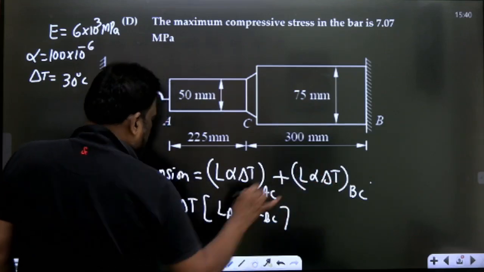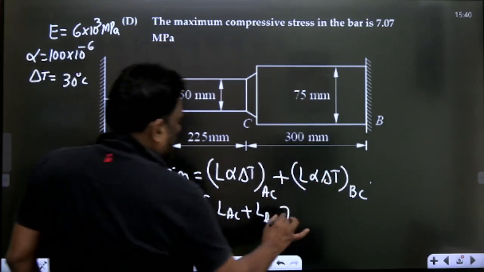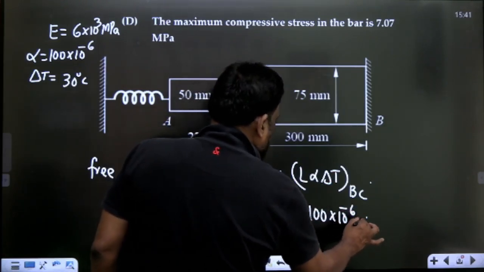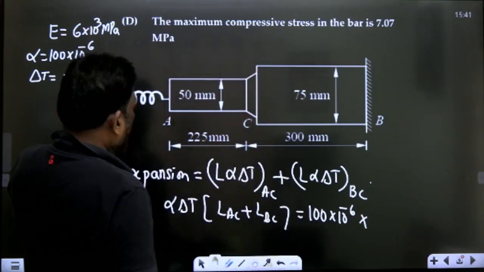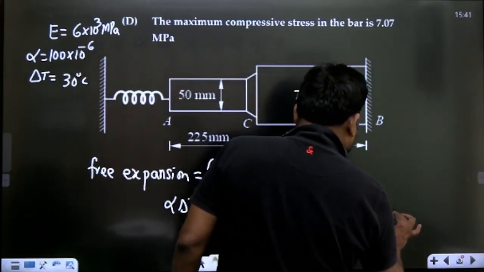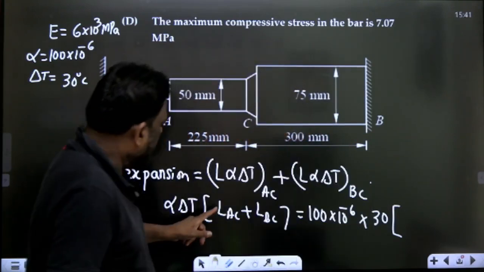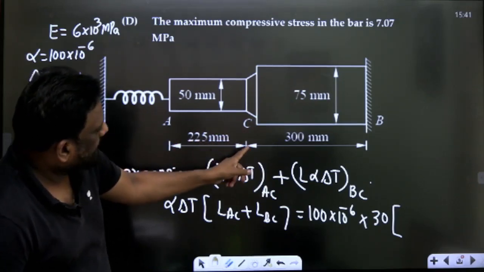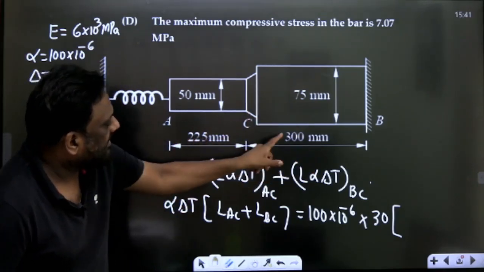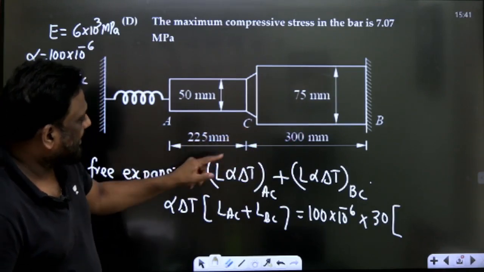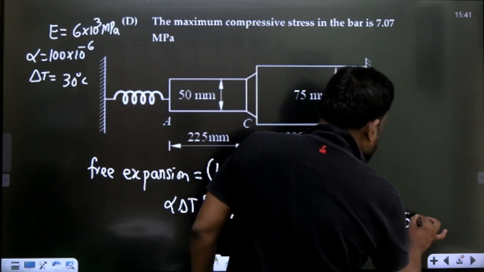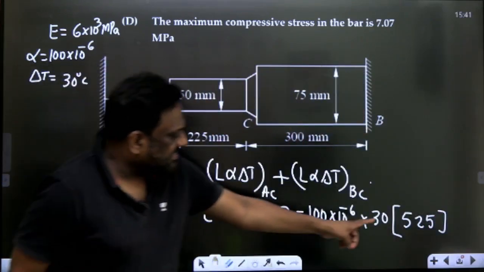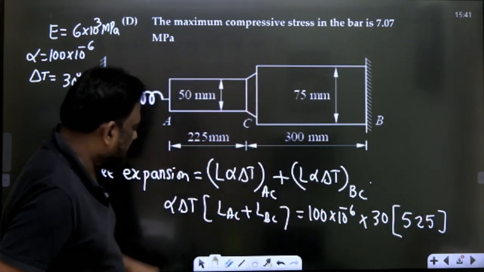Alpha is 100 into 10 power minus 6, delta T is 30, into the length of AC plus the length of BC. AC is 225 and BC is 300, so when you add 300 plus 225, it is 525. This is in mm, so the complete answer will be in mm.